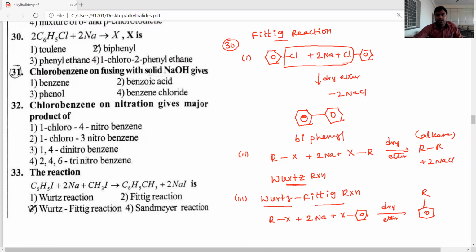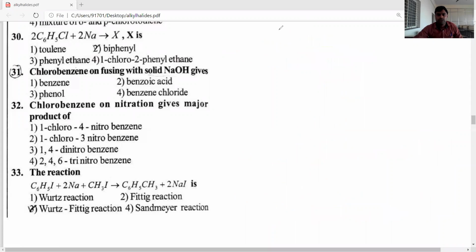Chlorobenzene reacts with fused sodium hydroxide. Then the product is phenol. What is the reaction name? That is Dow's process. Already we have discussed that reaction in the preparation methods of phenol. So chlorobenzene you have to take, dear students.